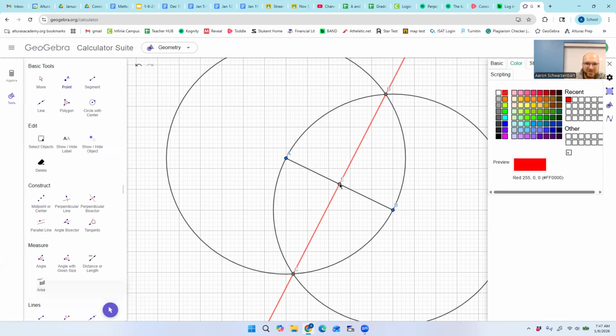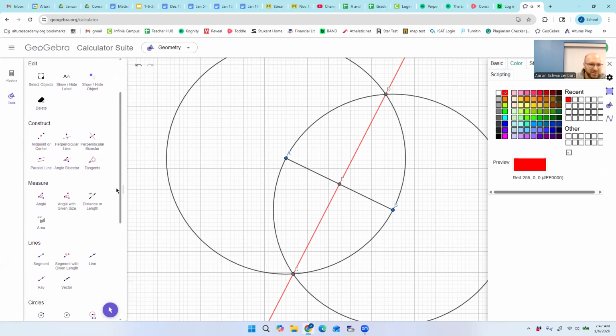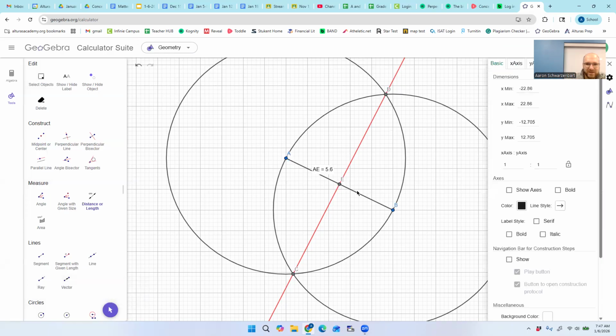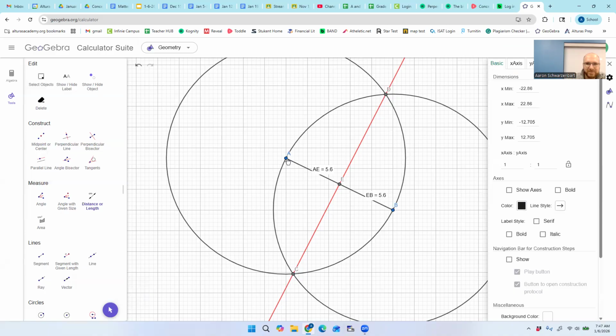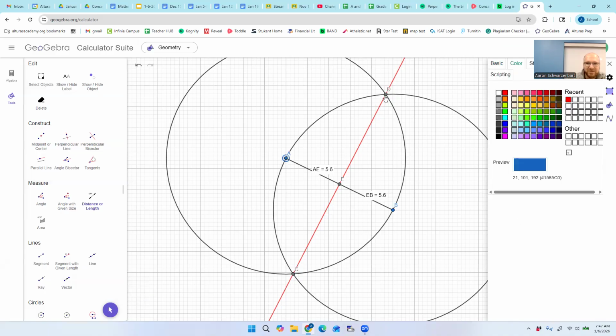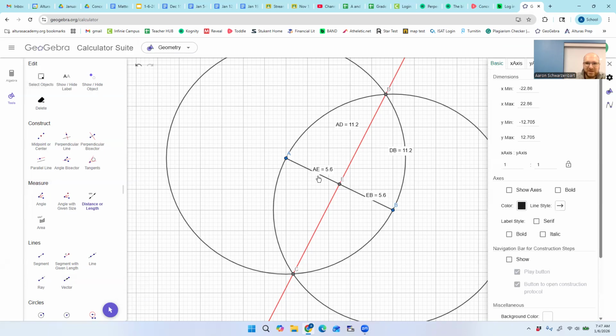Some nice useful things to do here are if I click on the more tools here, measure distance. We can see that that was the midpoint. We can see that those are equal.